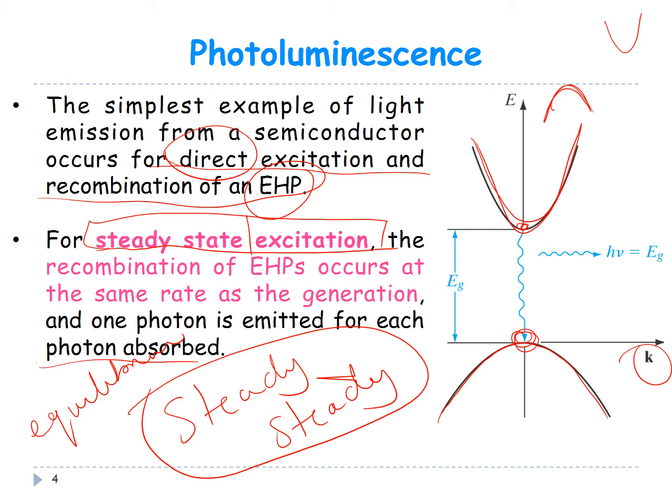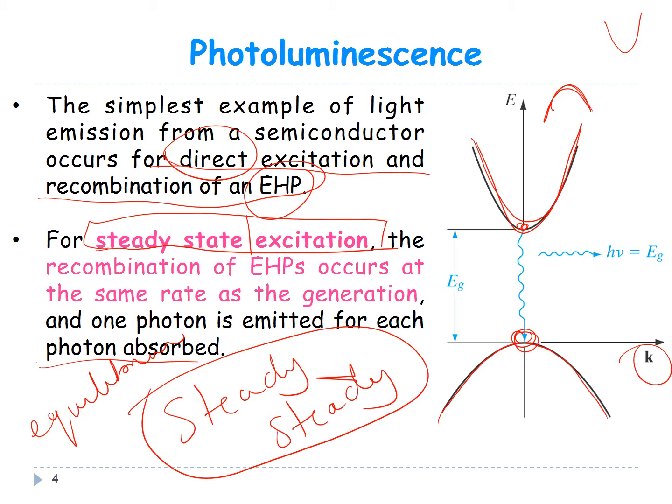So when you have a direct recombination, that's the simplest example of light emission, and it's encouraged for you to understand at this early position that for emission of visible light, we usually get that from direct gap semiconductors only.